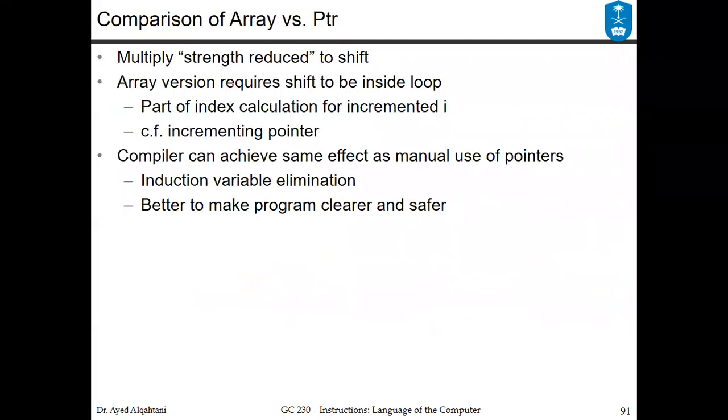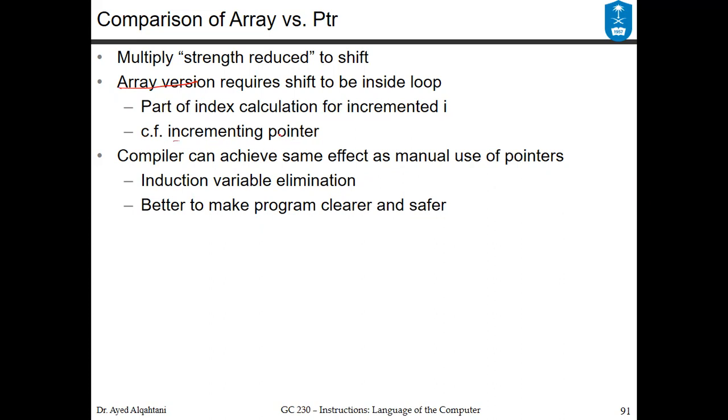Now the comparison of the array versus pointer, you multiply strength reduced to shift. Array version requires the shift to be inside the loop, but part of the index calculation for this incremented I, and this is why it takes many instructions inside the loop if you use the array version. And this is contrary to incrementing the pointer.